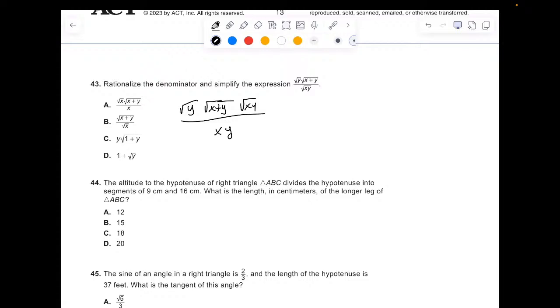We can now have y times root x plus y over, what am I doing?